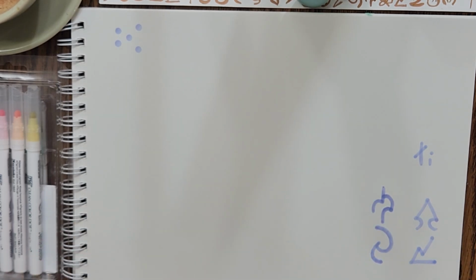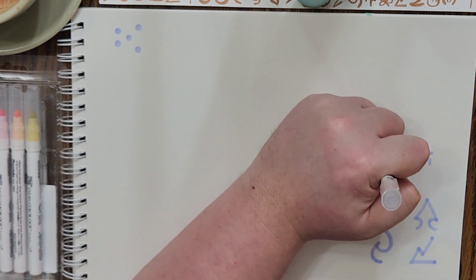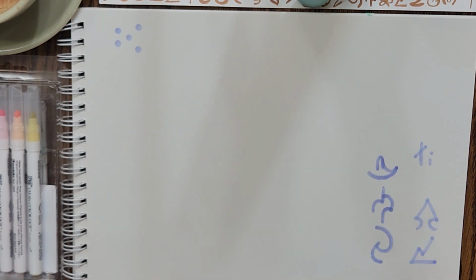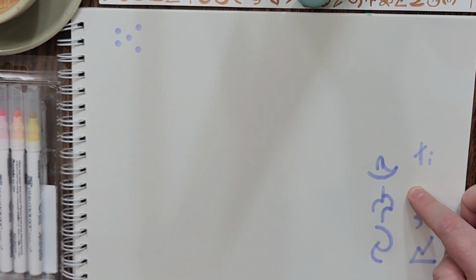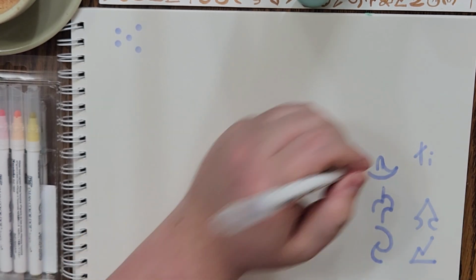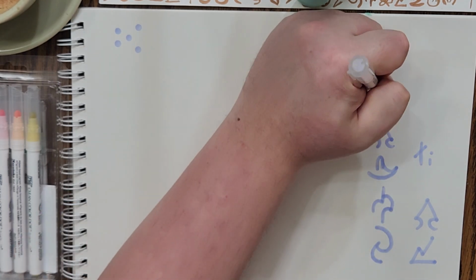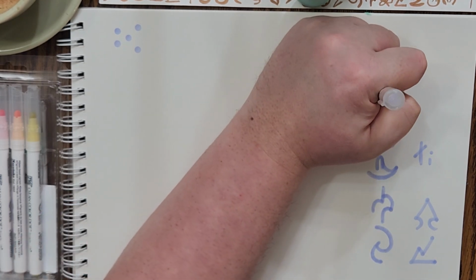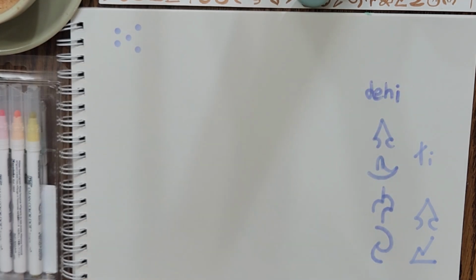The next is that H sound. It's the letter het, that kind of loopy looking dog sled. And then again, E. So we do E's, dehi. And here's the Latin equivalent. I'll do in little letters, dehi. Very simple.